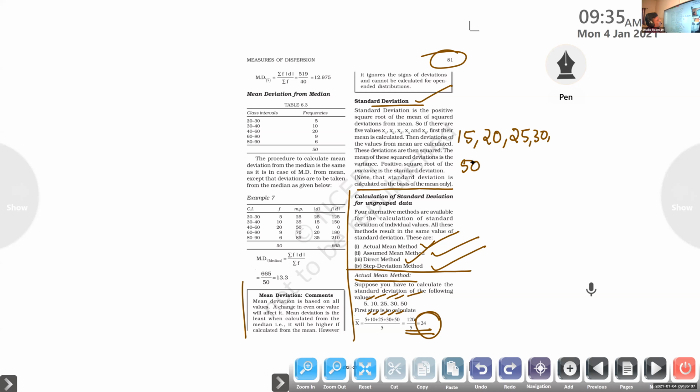Here is the question: 15, 20, 25, 30 and 50. X bar is equal to 28.